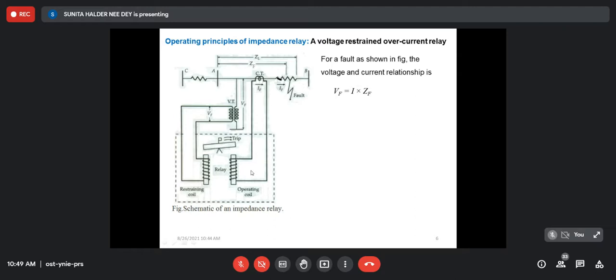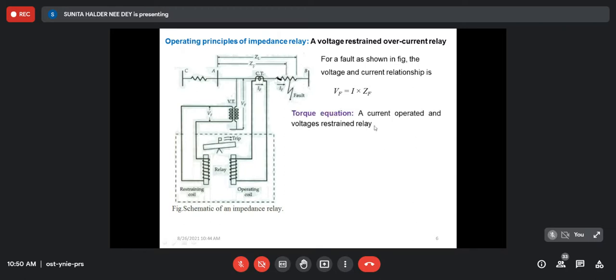But when there is any other restraining torque present in addition to the spring, like current or voltage, then we can neglect the force applied by the spring, because that is only to keep the relay contact at the fixed position, not the operating position, the rest position under normal condition.